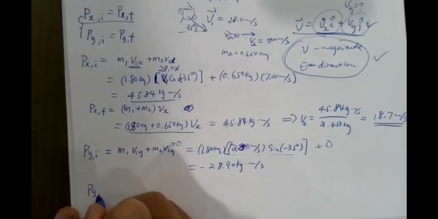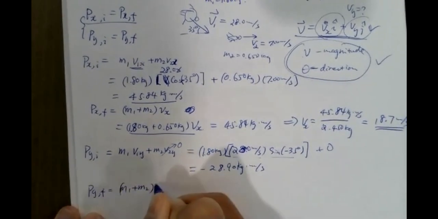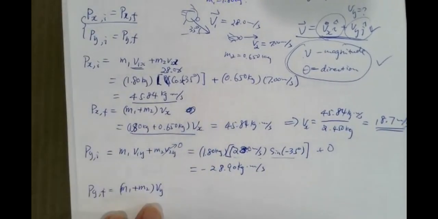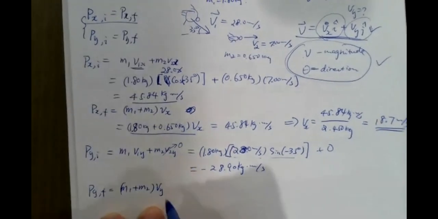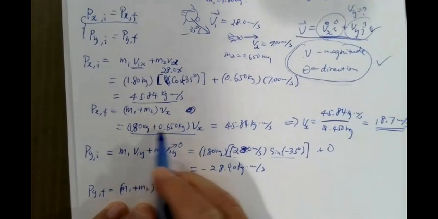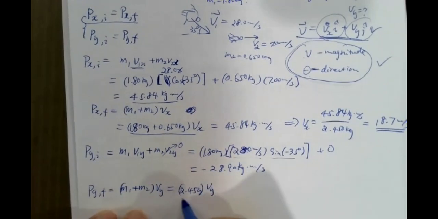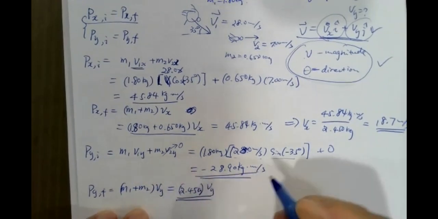Now, py final will be equal to m1 plus m2 times vy, the final y component. Again m1 plus m2 is 2.45 kilograms times vy, and you set this equal to that.